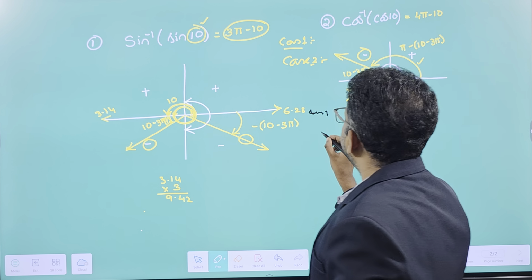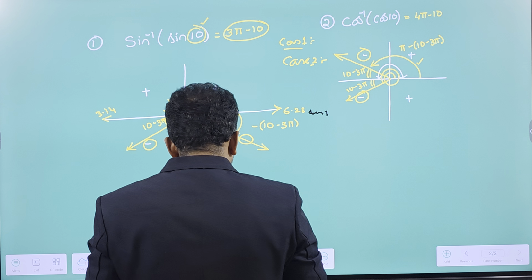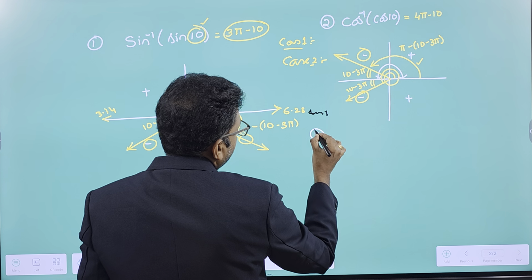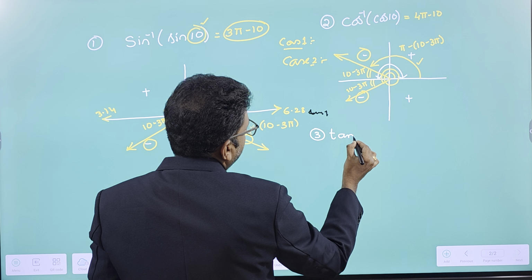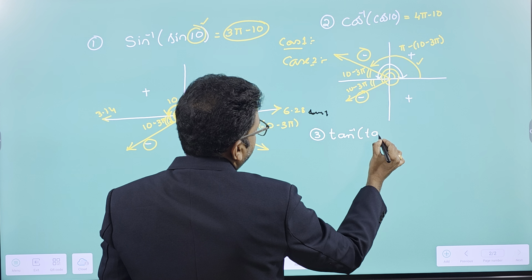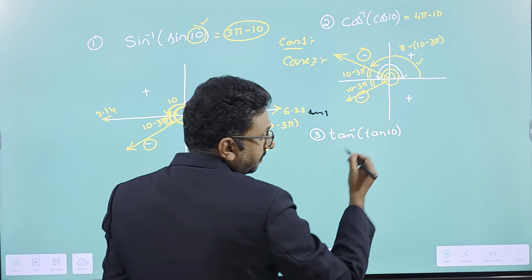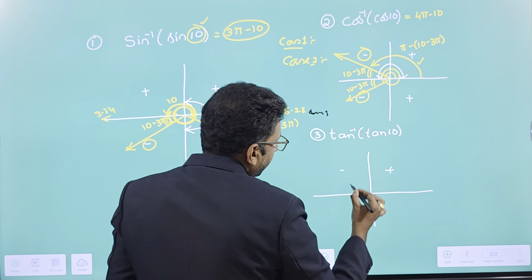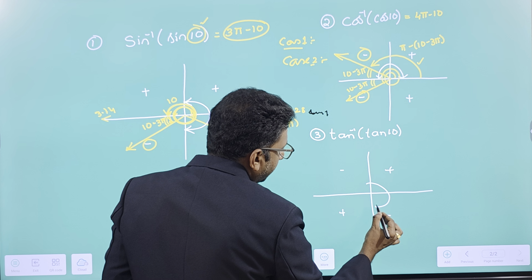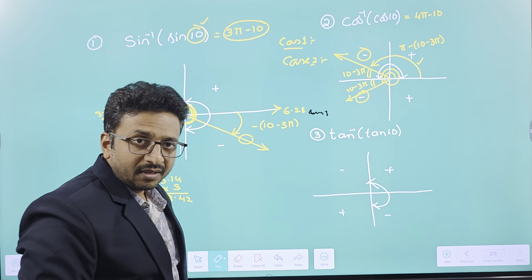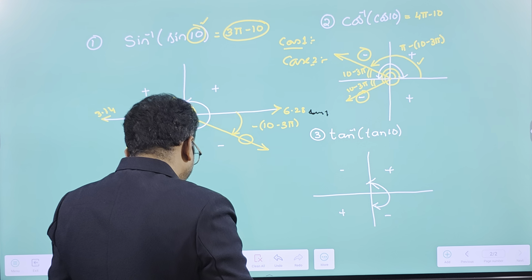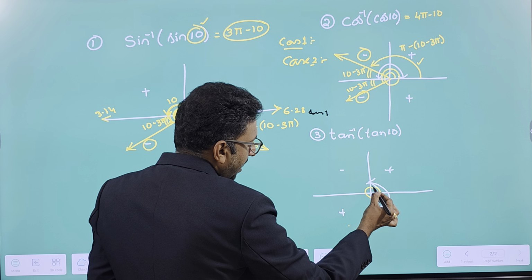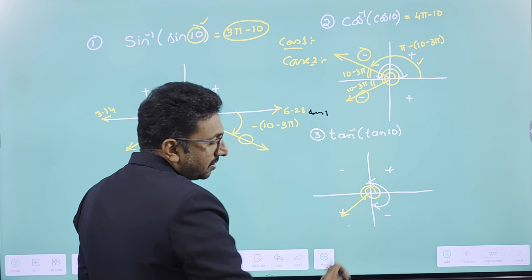Now the third example, tan inverse of tan 10. The difference is that we draw the quadrant diagram for tan inverse of tan, and the ray position doesn't change because 10 is 10. So the ray is like this.